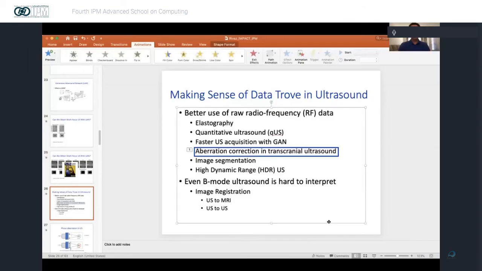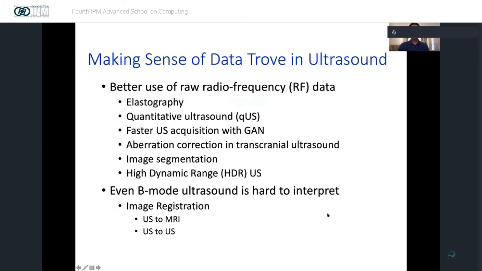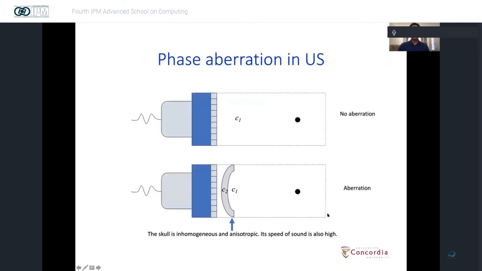Hello, and welcome back to the rest of my talk. Now we will talk about aberration correction in transcranial ultrasound. In ultrasound, we want to focus at a single point when we use conventional beamforming.